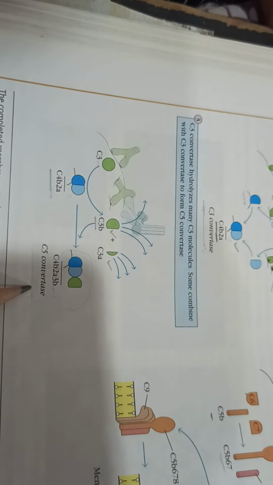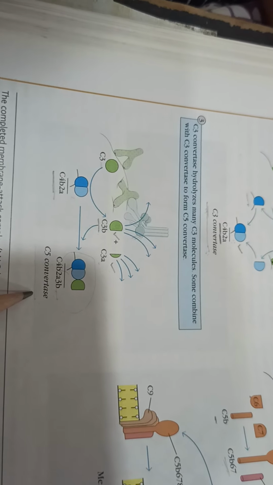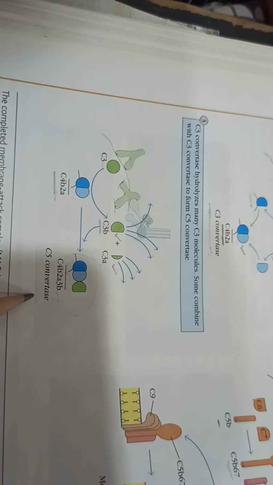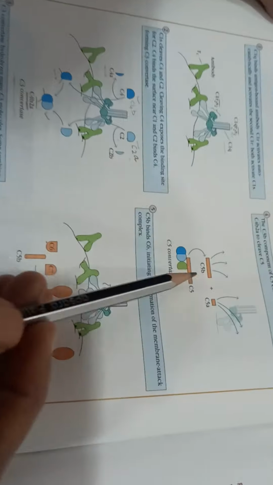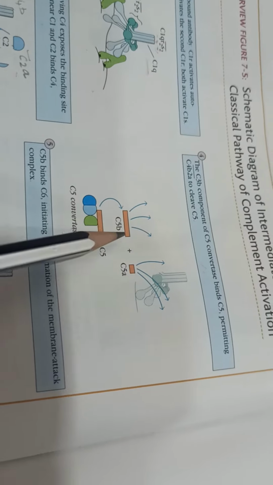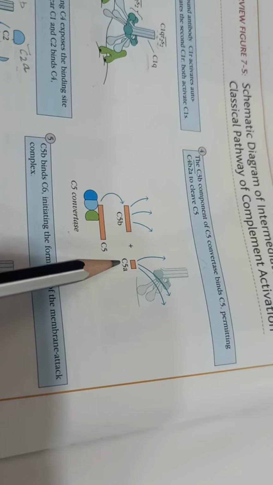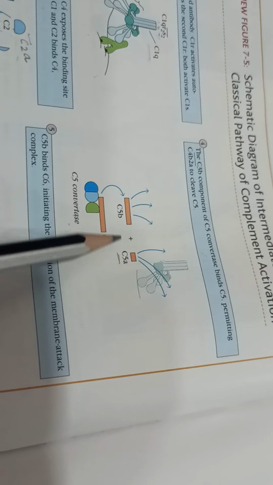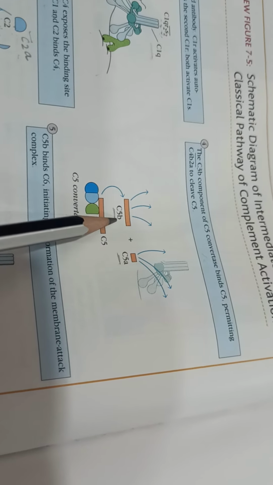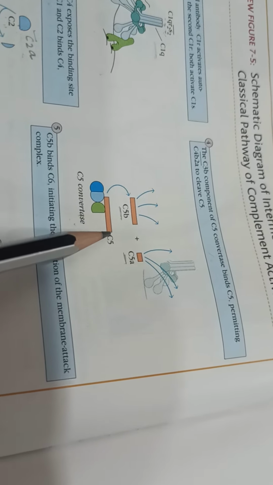By the name C5 convertase, we understand that this is going to convert the C5 component into the smaller fragment C5A and the larger fragment C5B.